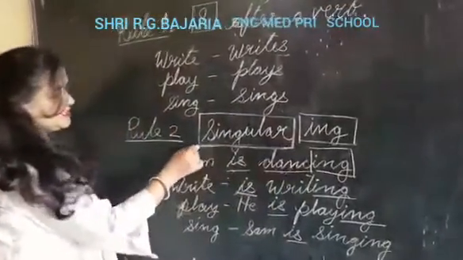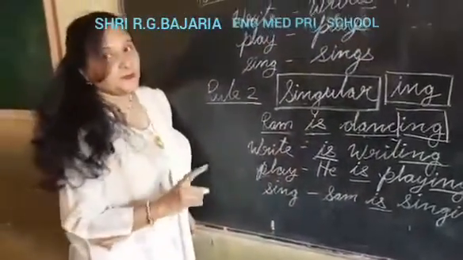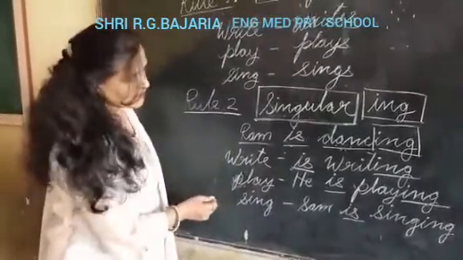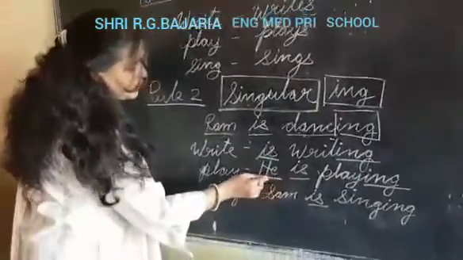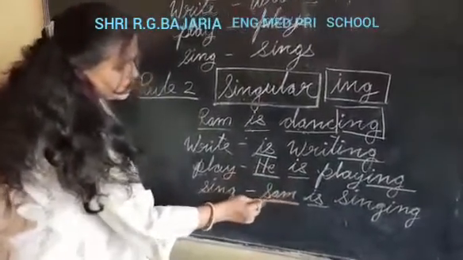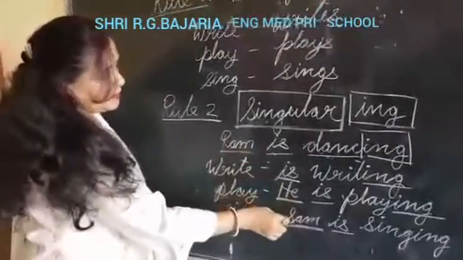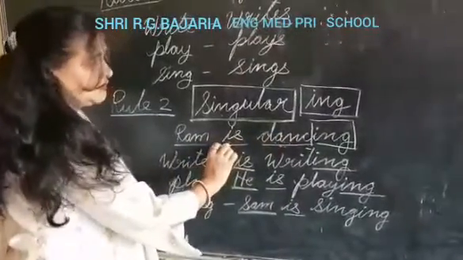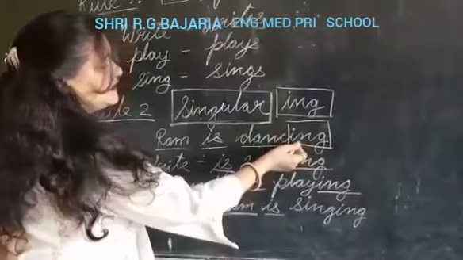Here, if you see all the nouns, Ram is a noun. Noun means name of a place, person or a thing, or it can also be a pronoun or a proper noun. When we use a singular pronoun or proper noun, we use is before the verb and ing after the word ends.